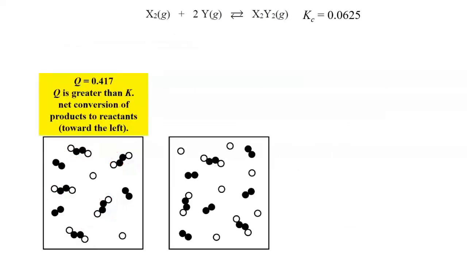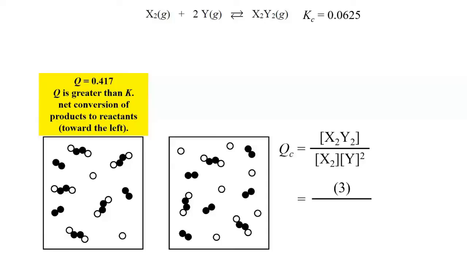Here's our next particle diagram. Let's count the particles. So I see 3 particles of X2Y2, I see 5 particles of X2, and I see 6 particles of Y. So it's going to be 3 divided by the product of 5 times 6 squared, based on the number of particles in the diagram. When we do this math, we get a reaction quotient, Qc, of 0.0167.